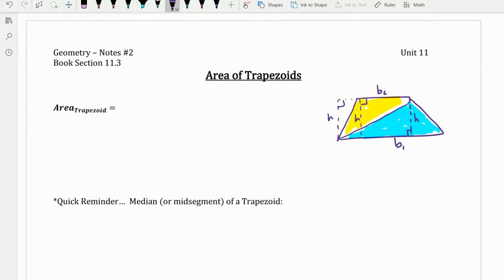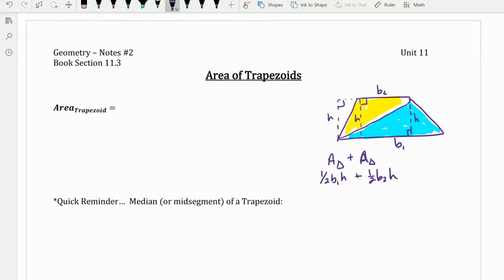So to get my area of my trapezoid, I would do the area of the first triangle plus the area of the second triangle. Well, the first one we said was 1/2 base 1 times the height, plus the other one is 1/2 base 2 times the height.